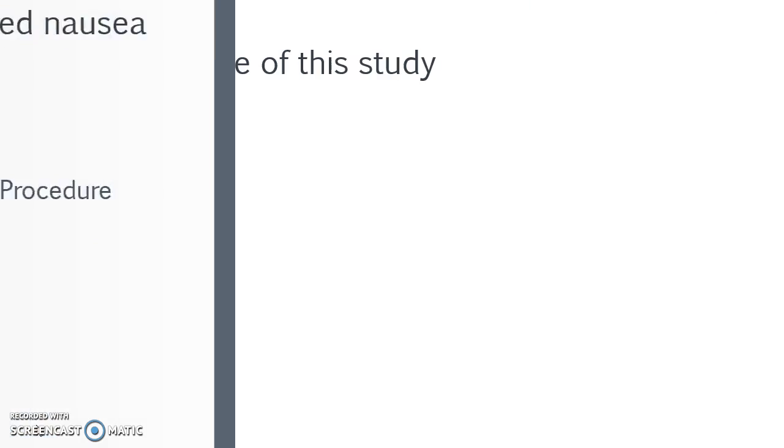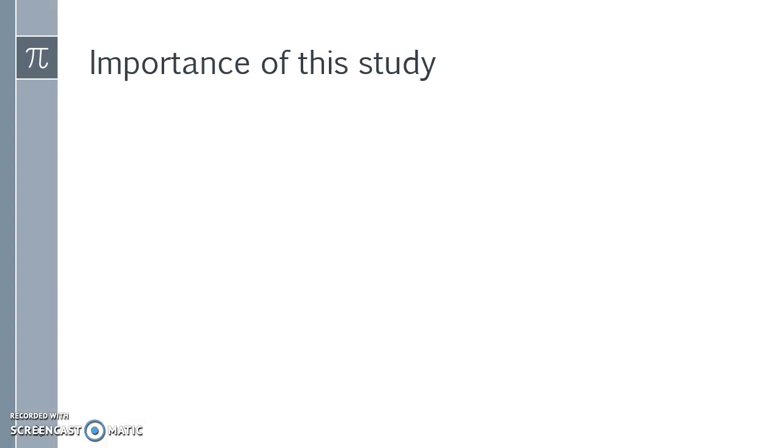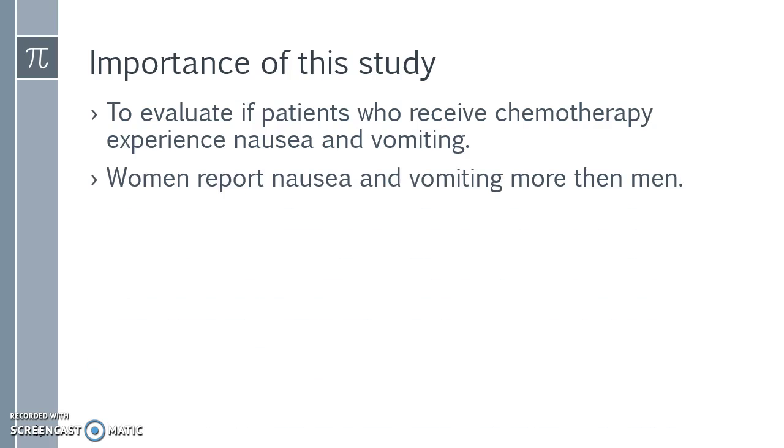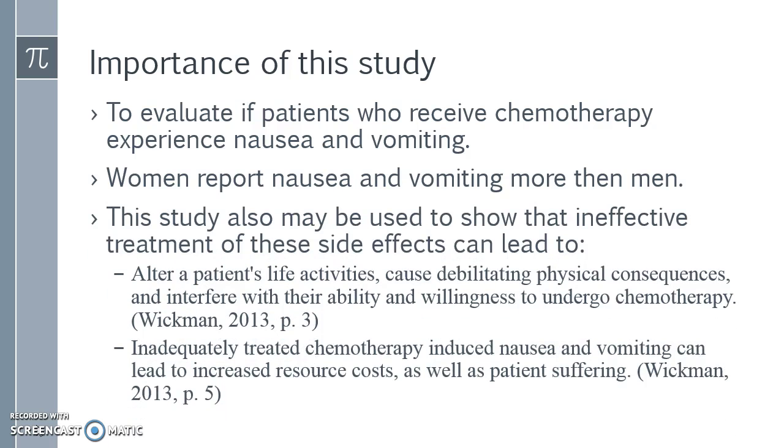First of all, the importance of this study is to evaluate patients who receive chemotherapy and nausea and vomiting, to see if women report nausea and vomiting more than men. The study will also be used to show that ineffective treatment of these side effects can lead to alteration in patients' life and activities.